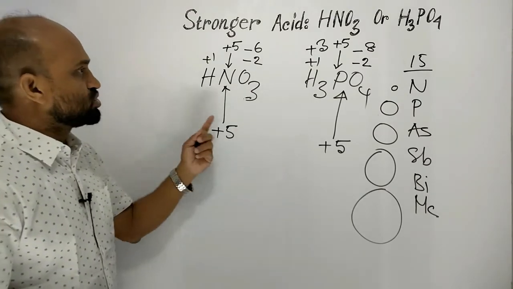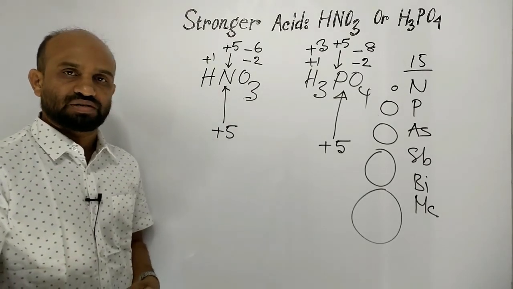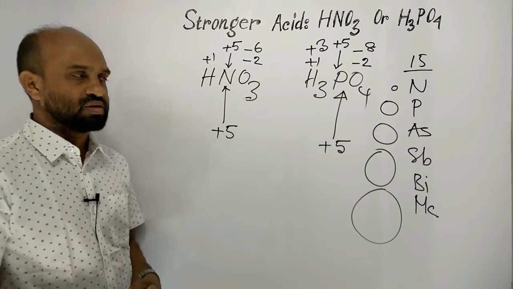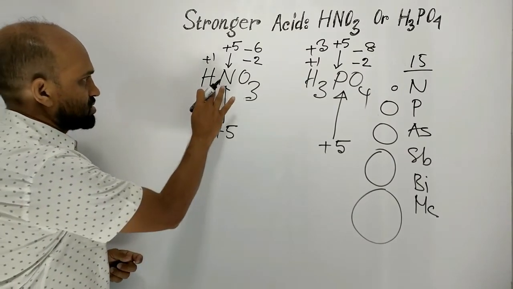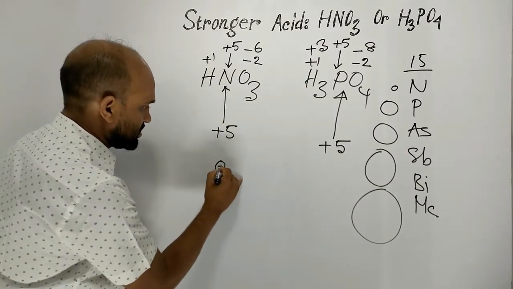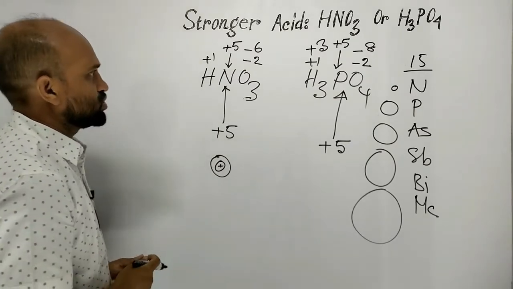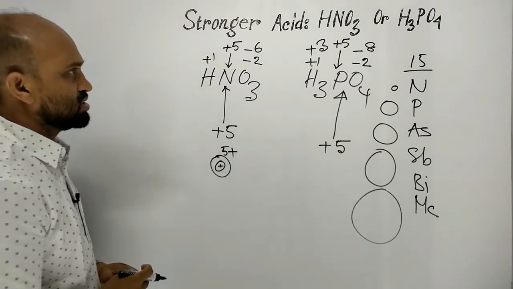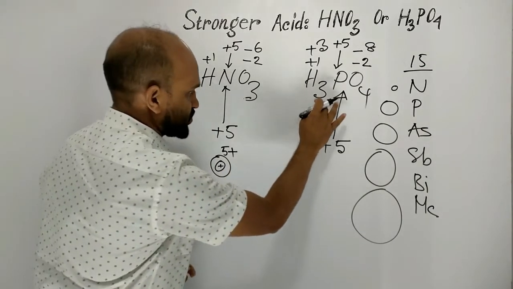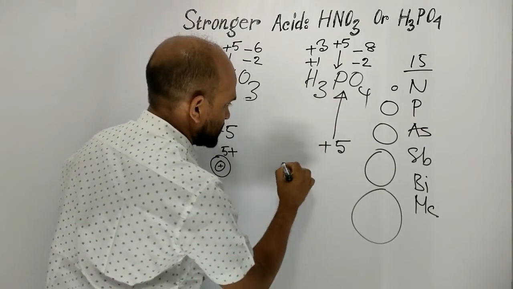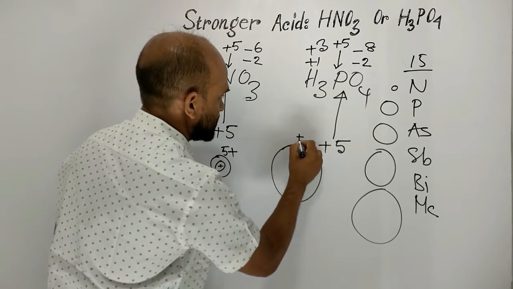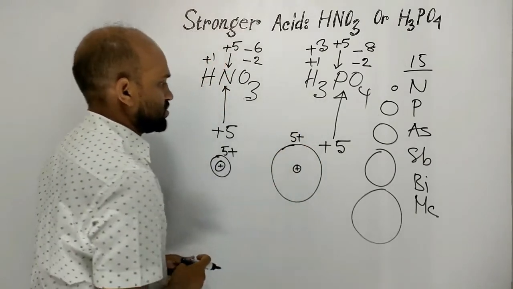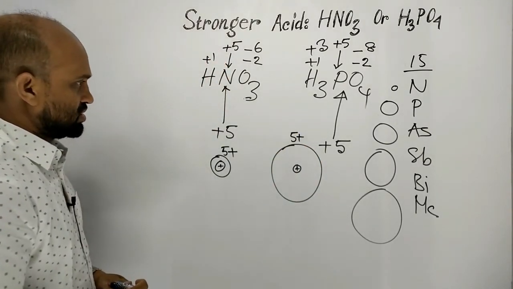Now let's go to the acids, that is nitric acid and phosphoric acid. Here nitrogen is smaller in size with +5 charge, and in case of phosphoric acid this is bigger in size with +5 charge.